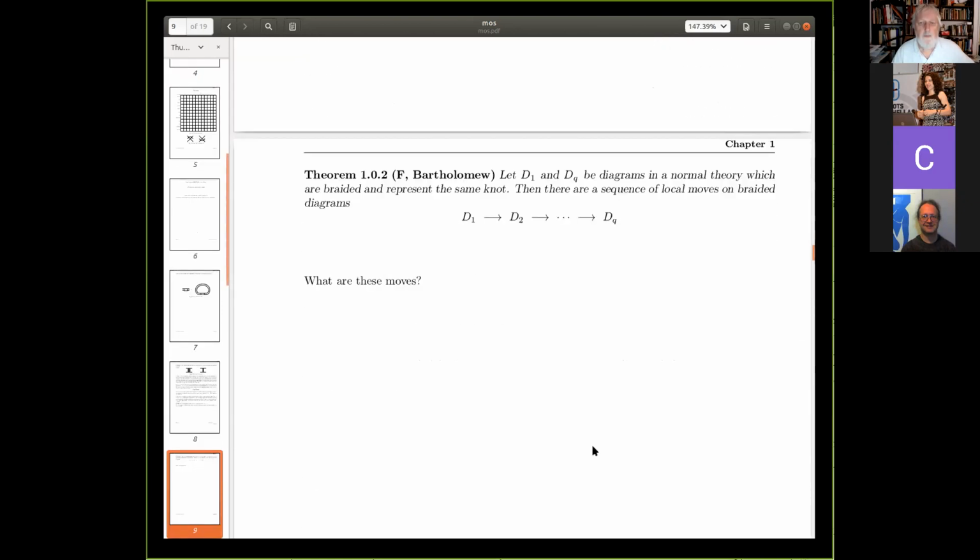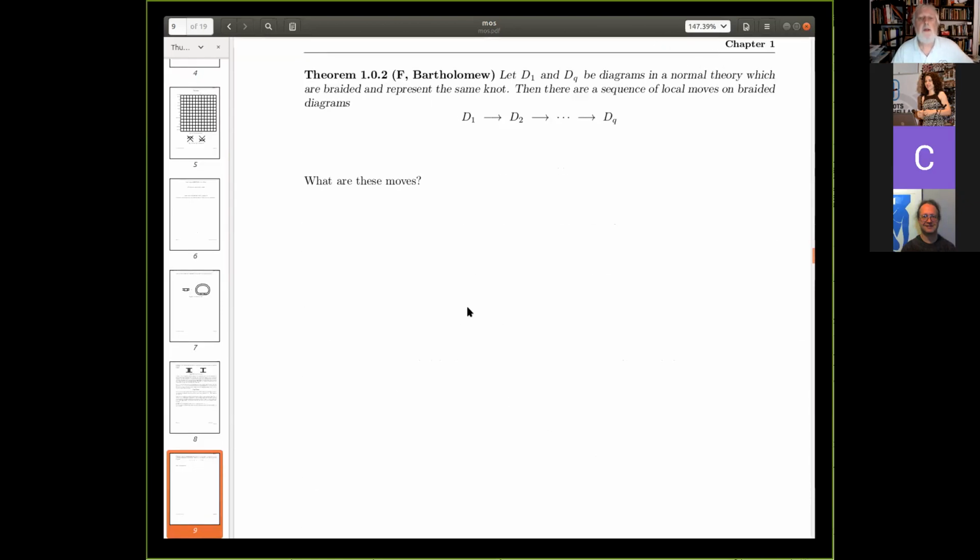Okay, now the other theorem would be a generalized Markov theorem. Suppose we have D1 and D2 be diagrams in a regular theory, which are braided and represent the same knot. Then there is a sequence, perhaps, of local moves on braided diagrams, D1 to D2, and so on.